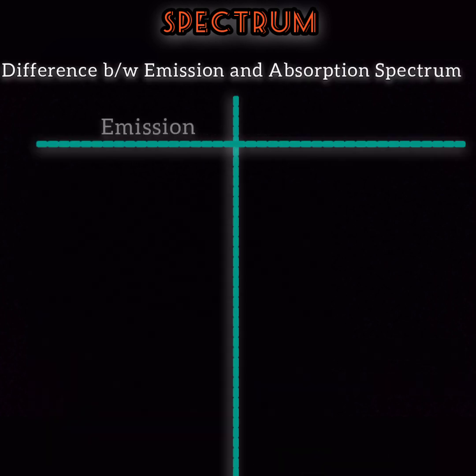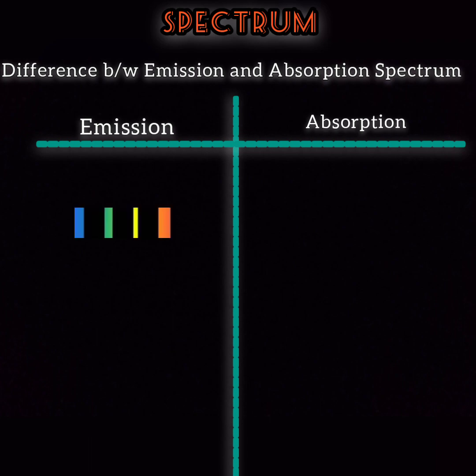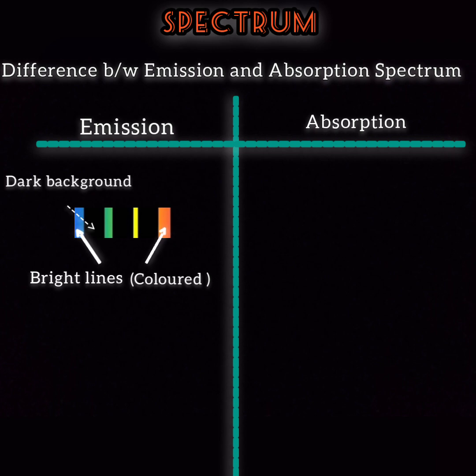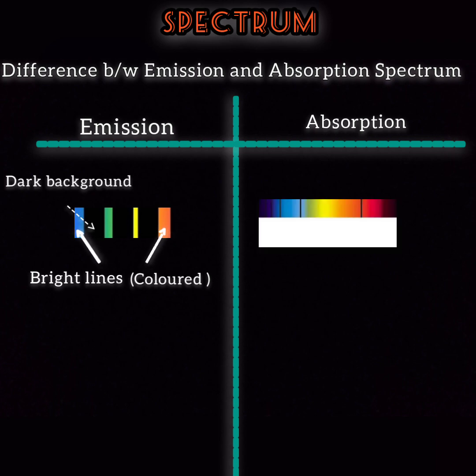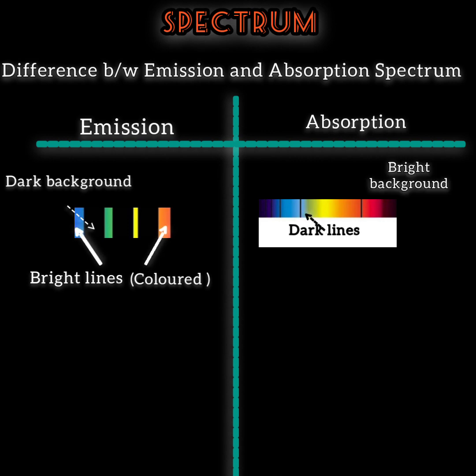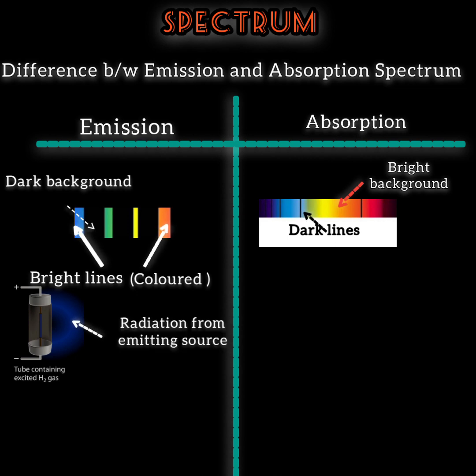Difference between emission and absorption spectrum. Emission spectrum gives bright, colored lines on a dark background. Absorption spectrum gives dark lines on a bright background. Emission: radiation from an emitting source is analyzed by the spectroscope.